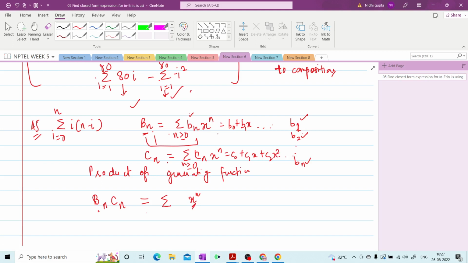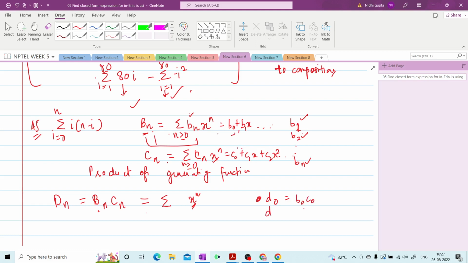Can you say? You are multiplying these two power series, and now we are trying to compute the coefficient of xn. Suppose this product power series is dn. What is d naught? If you are multiplying these two power series, the scalar term is just b0 c0, right?